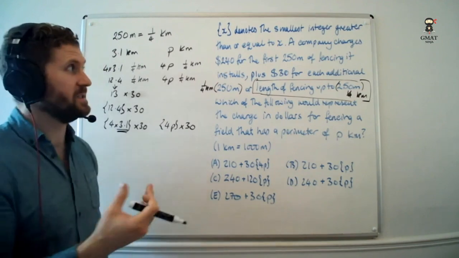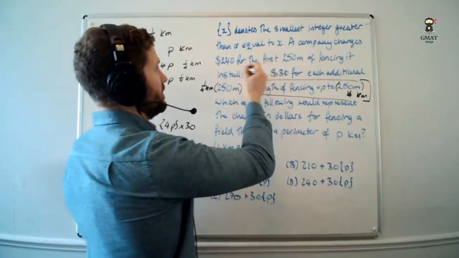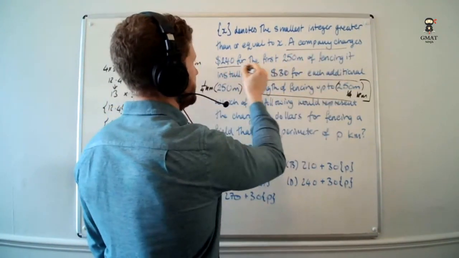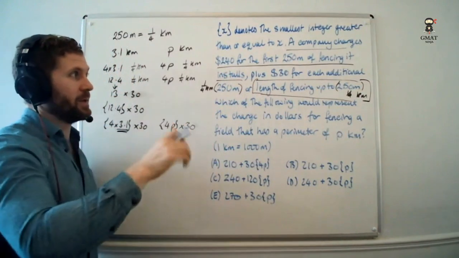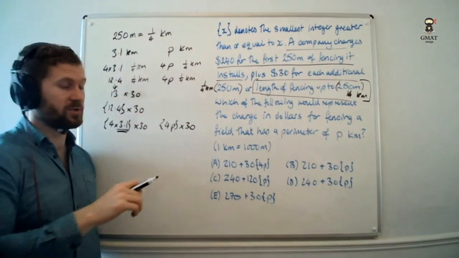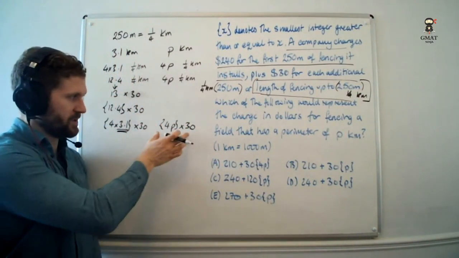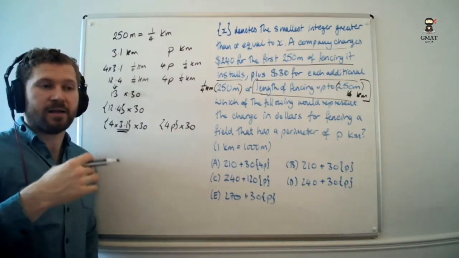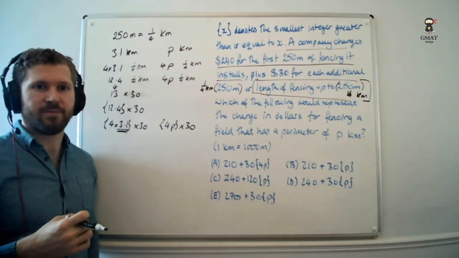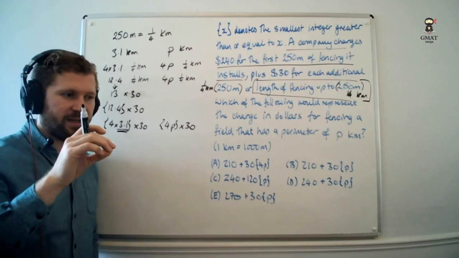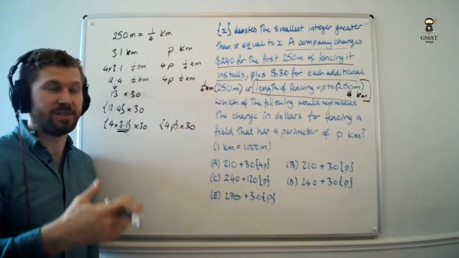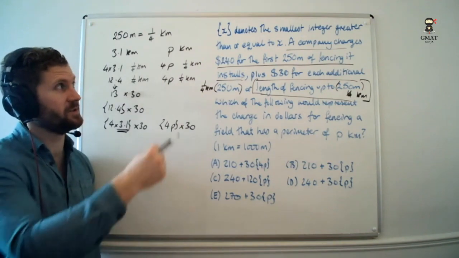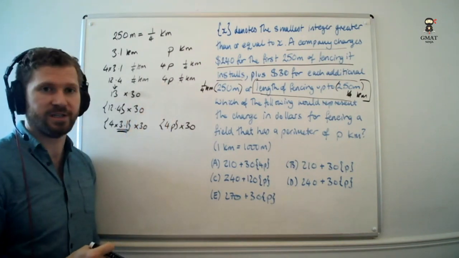Now we need to deal with this bit at the beginning. The company charges $240 for the first 250 meters it installs, then plus $30 for each additional 250 meters. So this bit is not quite right, because we have counted that initial 250 meters in our charges of $30, whereas the first 250 meters should actually be charged $240.